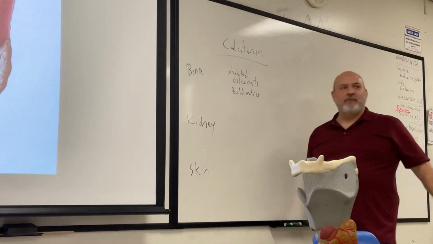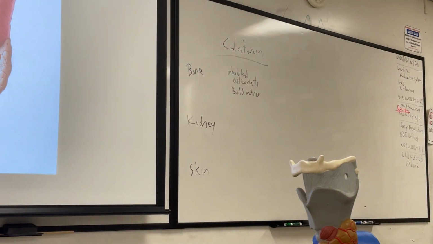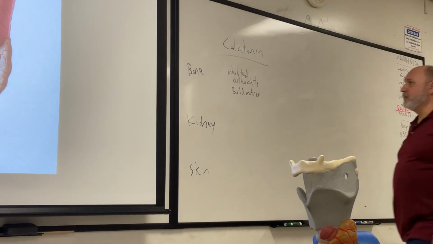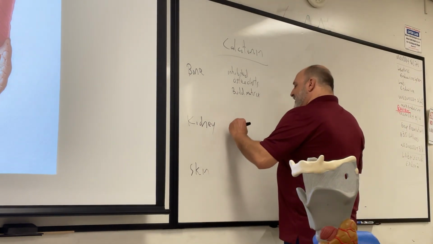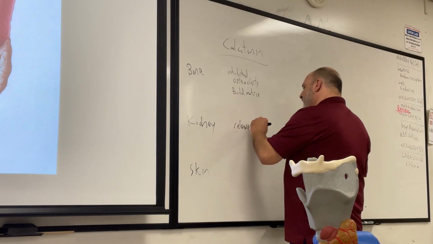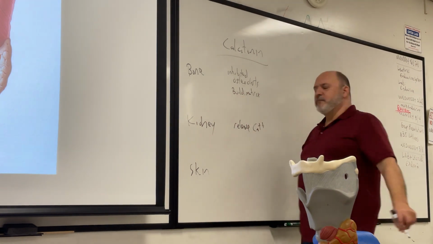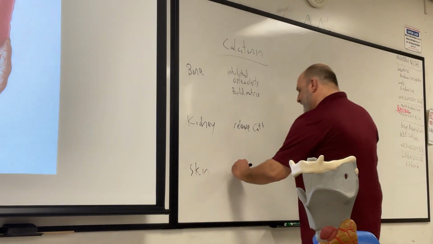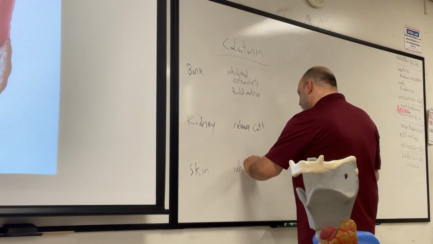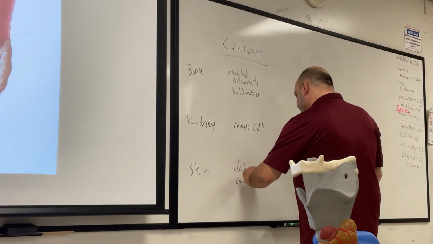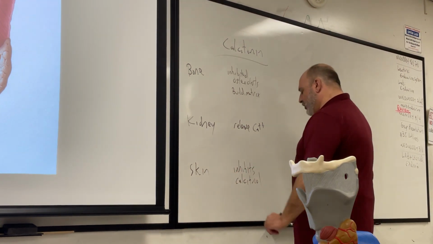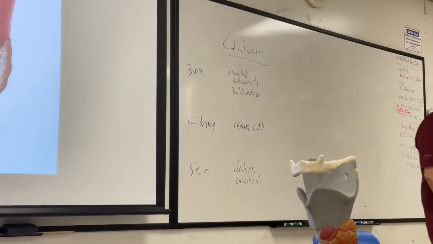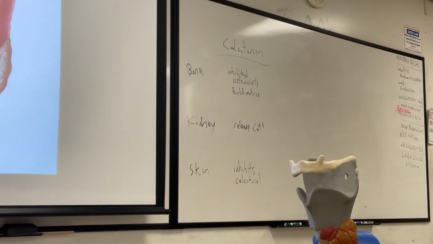And of course, to build that matrix, where are we getting the calcium? Yeah, from the interstitial fluid, which is getting it from the blood. It is telling the kidney to release calcium. And what effect does that have on calcium levels in the blood? Decreases it. And it inhibits calcitriol. So we do not absorb calcium from our digestive system.